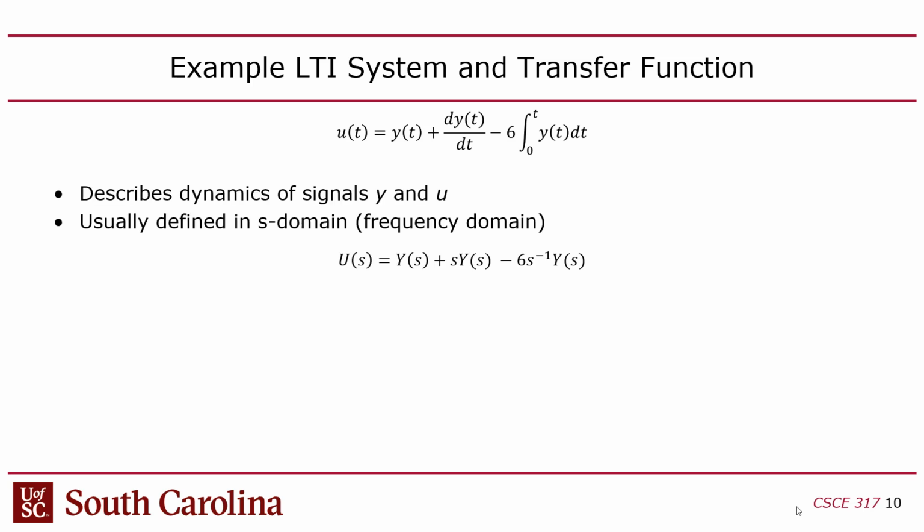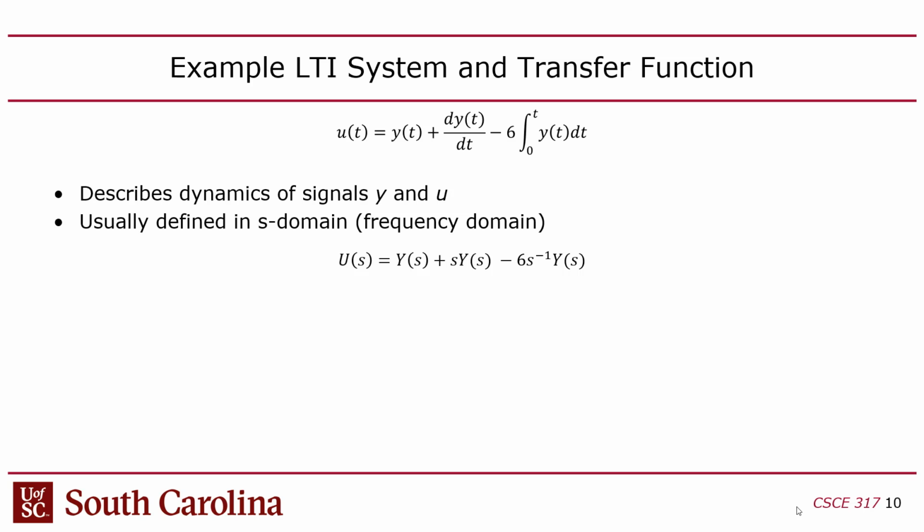So in the S domain, I have capital U. Notice I left the S in here in this case, so you see this S in parentheses. Sometimes this is dropped, and it's just U, but then it's capitalized. In this case, I kept the S. So U of S, capital U of S, just like here I had U of T. There's no derivative here, there's no integral, and there's no coefficient.